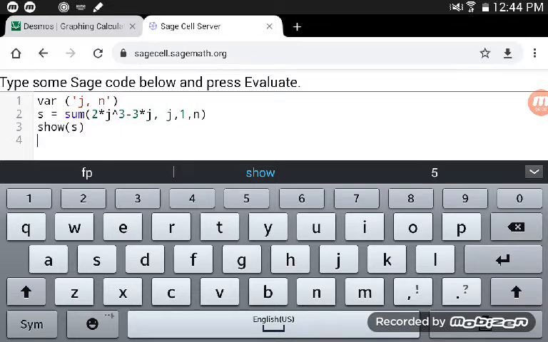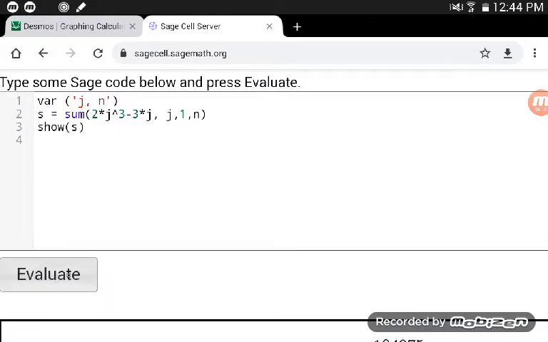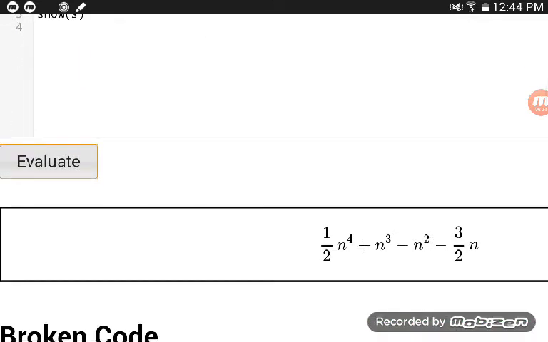I just told it 1 to n, but I made n a symbolic variable. There we have it, so let's evaluate that and see if we did okay. Looks like it. And we have 1/2 n to the 4th plus n cubed minus n squared minus 3 over 2 n.